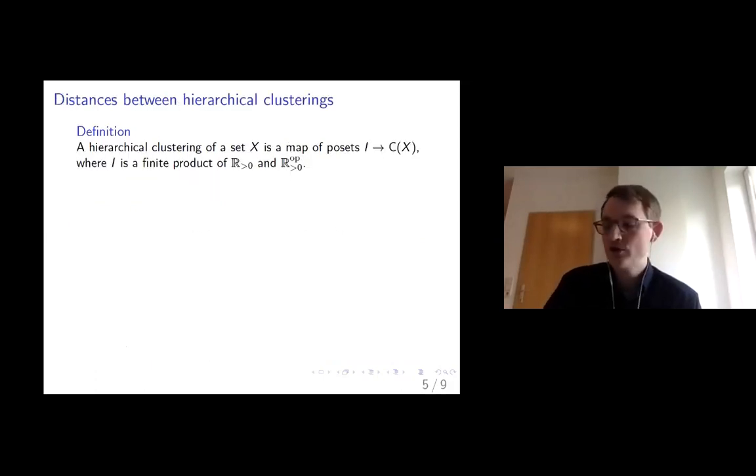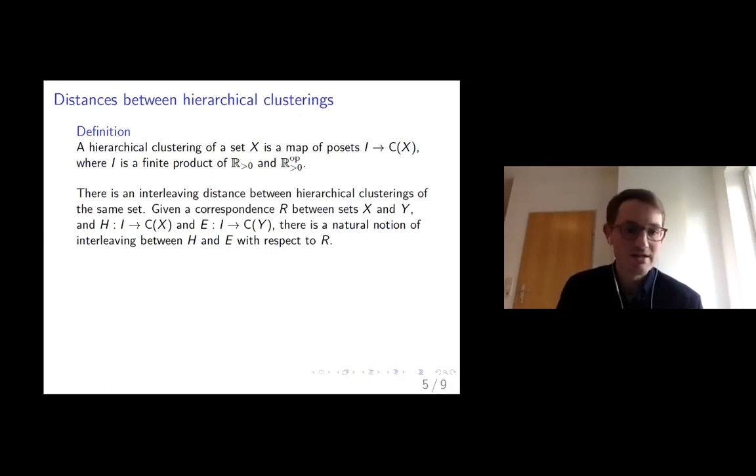Okay, so now that we've talked about that, I can tell you the notion of distance that we use between hierarchical clusterings. If I take 2 hierarchical clusterings of the same set, then there's automatically an interleaving distance between them.